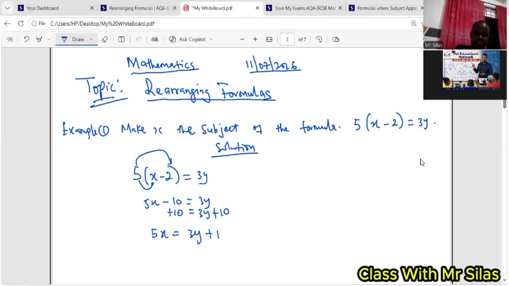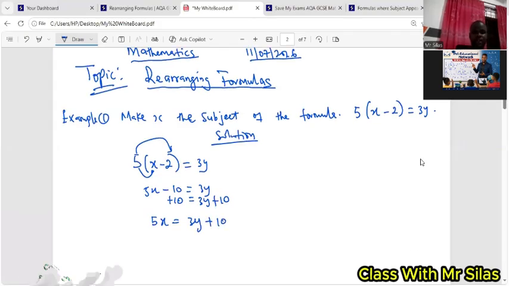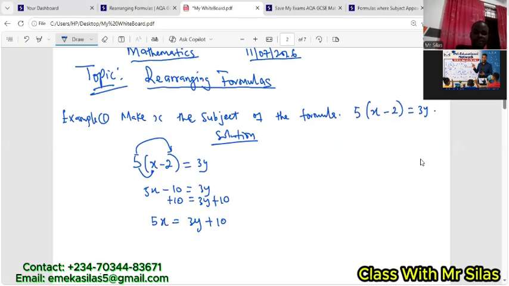So you have this, right? What do you do next? The last thing you now do is to make x alone. You have to divide both sides by the coefficient of x, which is 5. So you have 5x divided by 5 equal to 3y plus 10, and you also divide this side by 5.